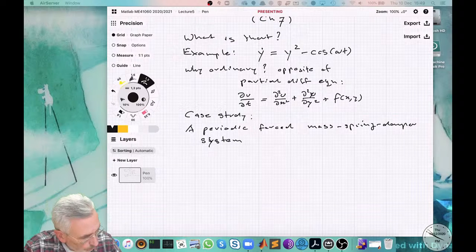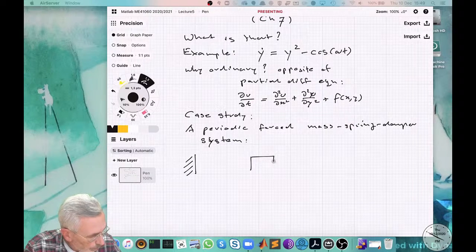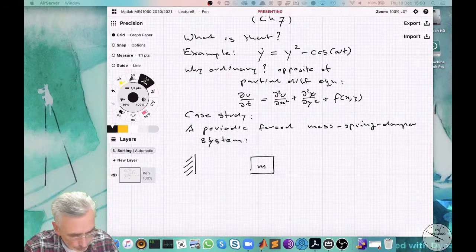What is it? Let me draw a picture. It's worth more than 1,000 words. So we have a mass somewhere here, which is just a block. It's just a one-dimensional problem that we look at today.